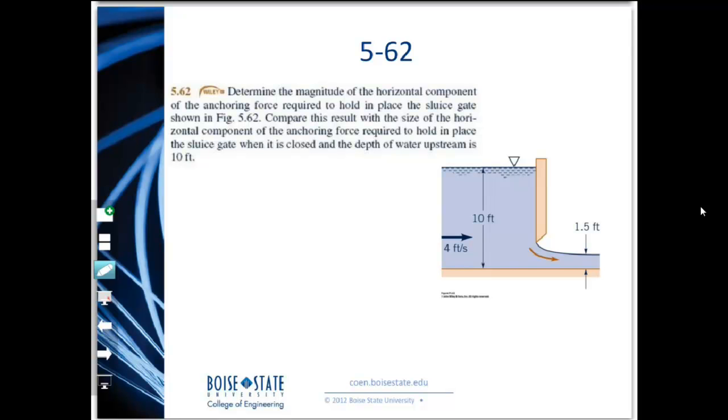In the first case, let's quickly solve the problem when the sluice gate is closed. If it is closed, I would have the gate here, and there is no flow here.